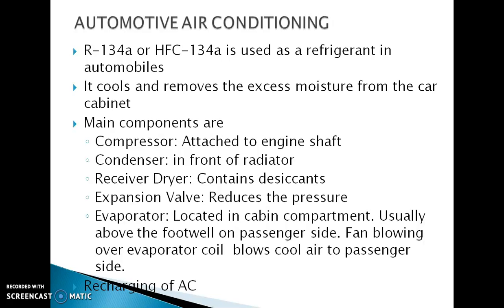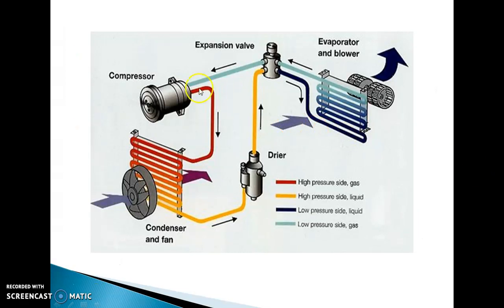Then the expansion valve, which reduces the pressure. The evaporator is located in the cabin compartment, usually above the footwell on the passenger side. A fan blowing over the evaporator coil blows cool air to the passenger side. So this is the diagram for the automotive air conditioning system.